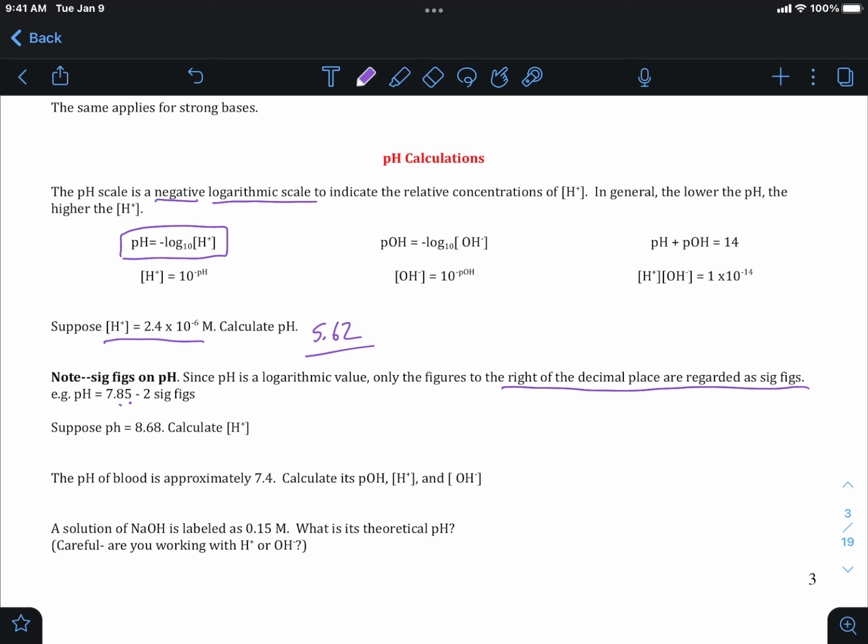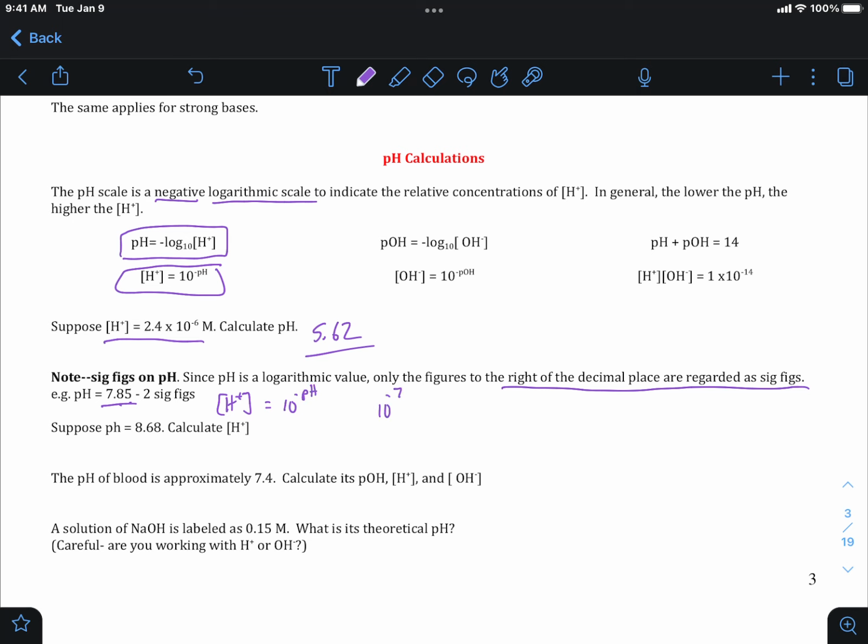And if we took that and converted it to H+ by doing the second equation here, let's say I asked, what's the H+ concentration for this pH of 7.85? To find that, the opposite operation is that H+ is equal to 10 raised to the negative pH value.